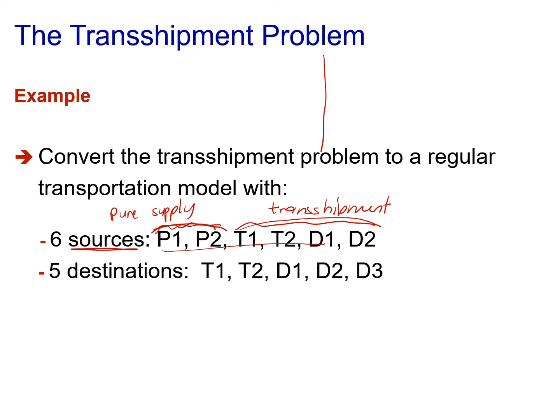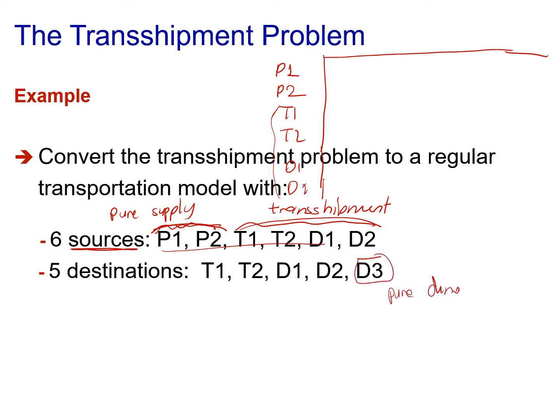In your transportation tableau, remember, you will have rows and columns, and the rows will be your sources. So you will have P1 as pure supply, P2 as pure supply, and then T1, T2, and D1, D2. You will list them also as sources, but they are transshipment nodes. What about the demand points? D3 is the pure demand point.